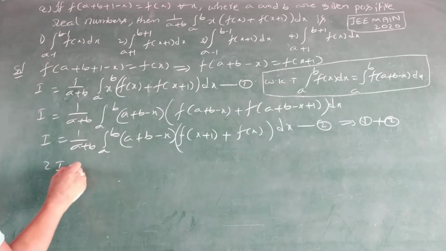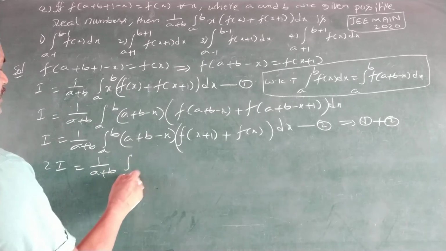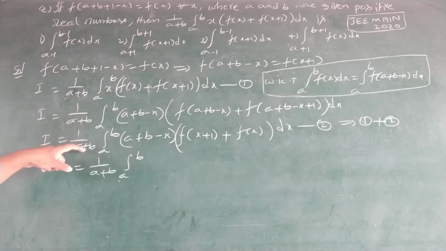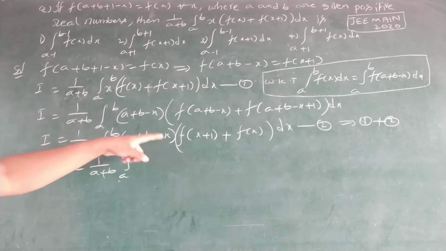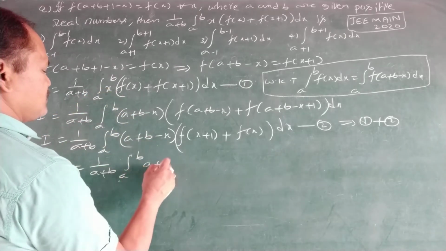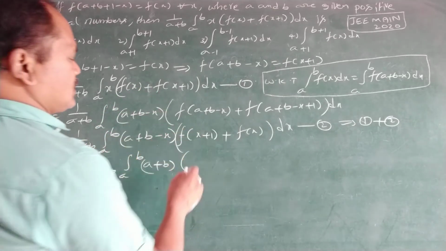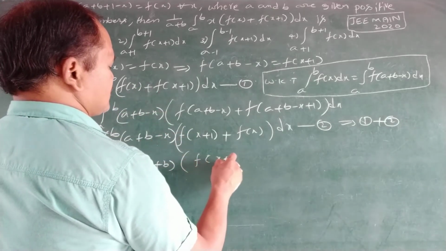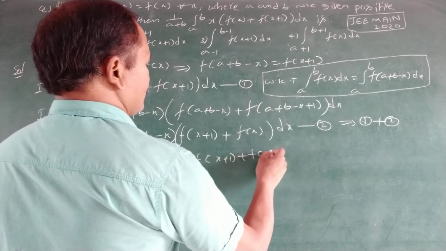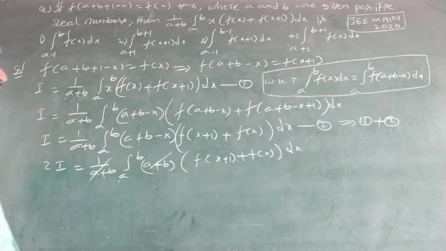Now 2I = 1/(a + b) integral from a to b. Since 1/(a + b) is common, adding these two, x gets cancelled and it is a + b. Now the common part for the two is f(x + 1) + f(x) dx. Here a + b gets cancelled.